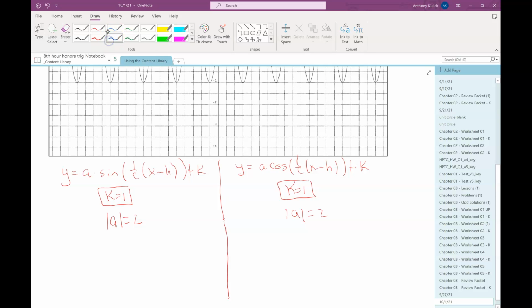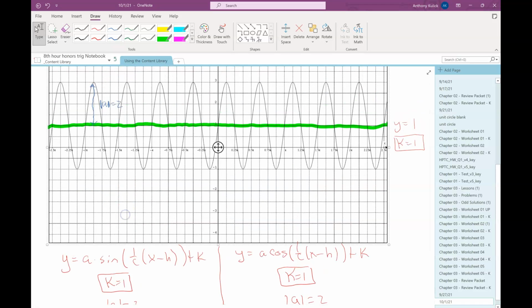Next, I'm going to find the period. So the period is the distance from, I like to do minimum to minimum or maximum to maximum because it's really easy to find those points. But any non-repeating segment would be fine.